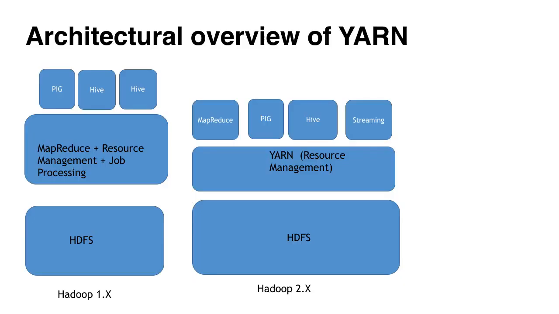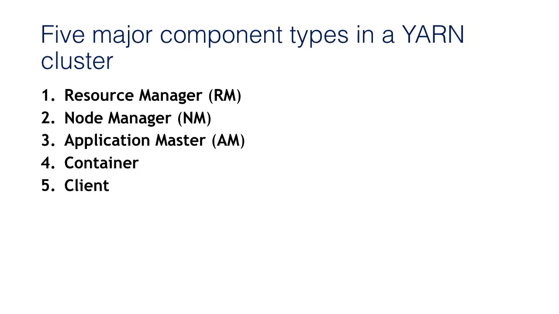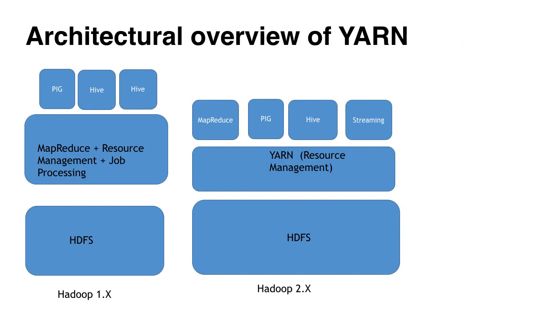So in 1.0, the MapReduce, resource management, plus job processing, all were handled by this particular component, and the other higher level abstractions like Pig, Hive, I'm sorry, there is a typo here. It could be like other applications.